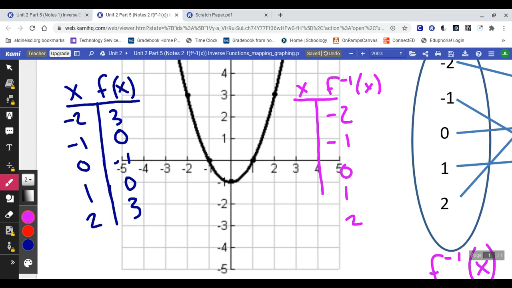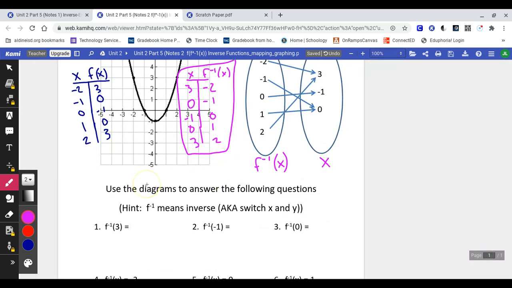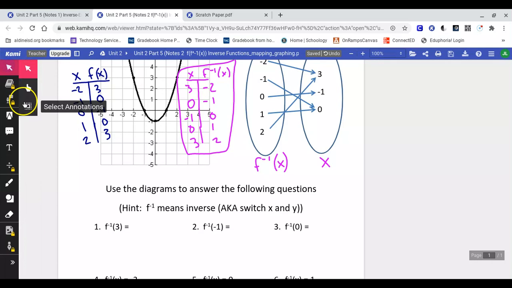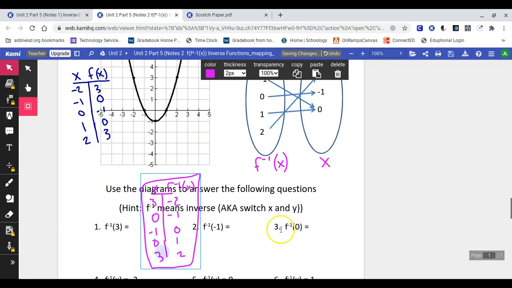And my new x column will be 3, 0, -1, 0, and 3. So now that I've got my inverse, I'm going to take that table and use it to answer these questions down here.